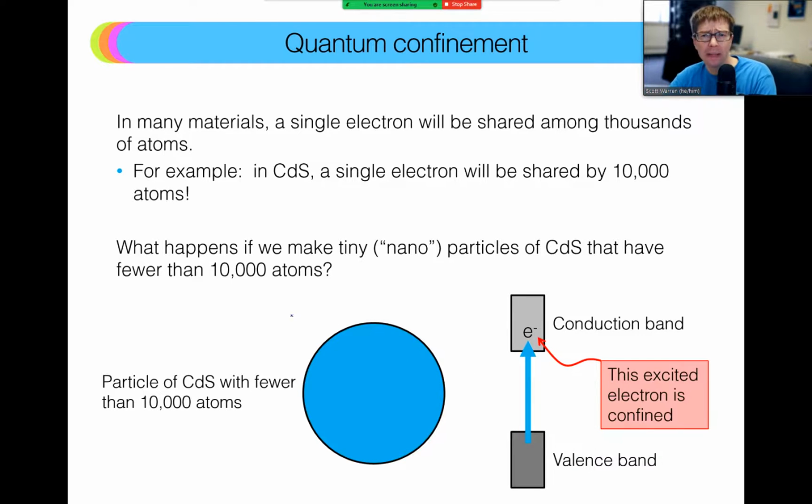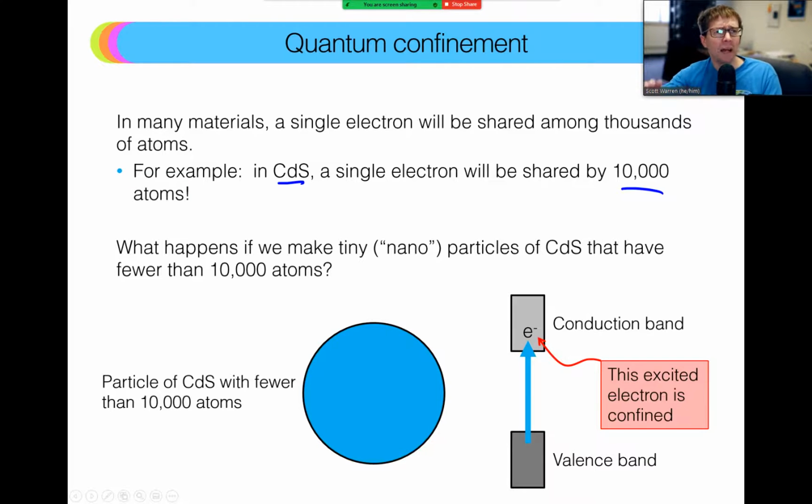One example: in cadmium sulfide, a single electron can be shared by about 10,000 atoms simultaneously. To say that more precisely, if we were to ask where the electron is on this cadmium sulfide, there would be some probability of finding that electron on any one of those 10,000 atoms if we were to look for it. So that probability distribution spans across a large number of atoms, like 10,000.